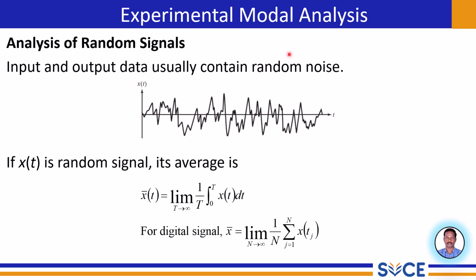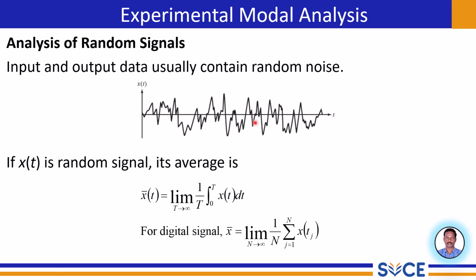The graph on this slide shows a typical random signal x of t plotted against time. You can see that it is not a clean sine wave or simple periodic signal. It exhibits irregular, unpredictable fluctuations superimposed on any underlying periodic components.